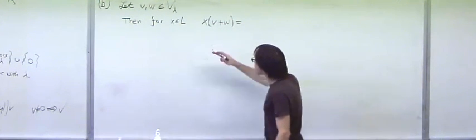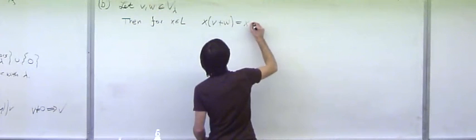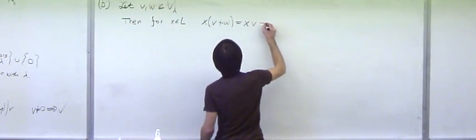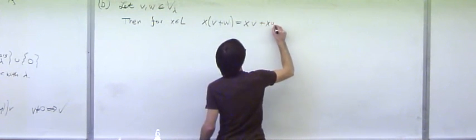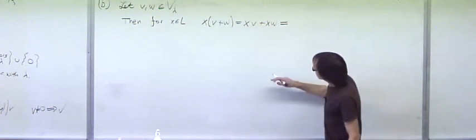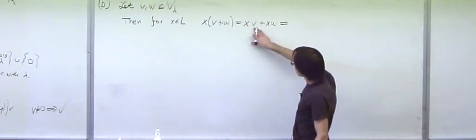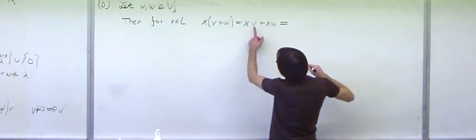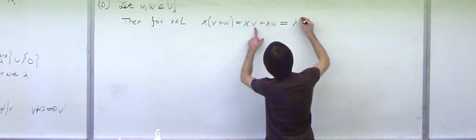Now it's just simple matrix arithmetic. As v is contained in V lambda, x acts on v just by scaling with lambda of x.